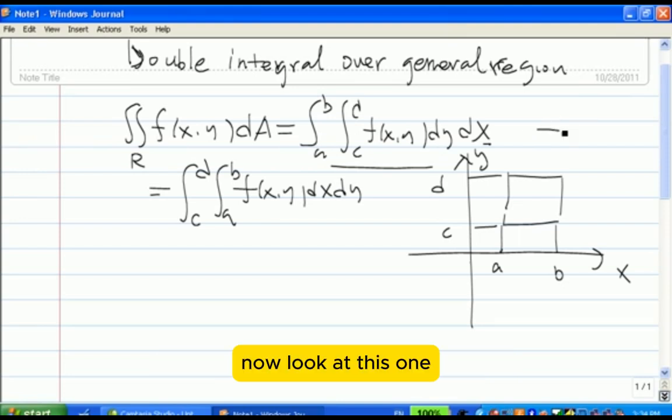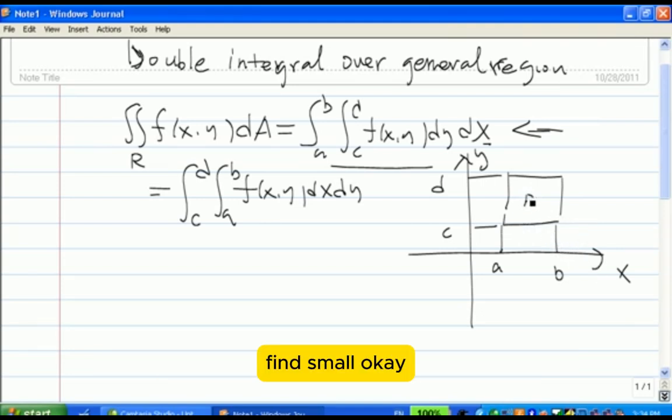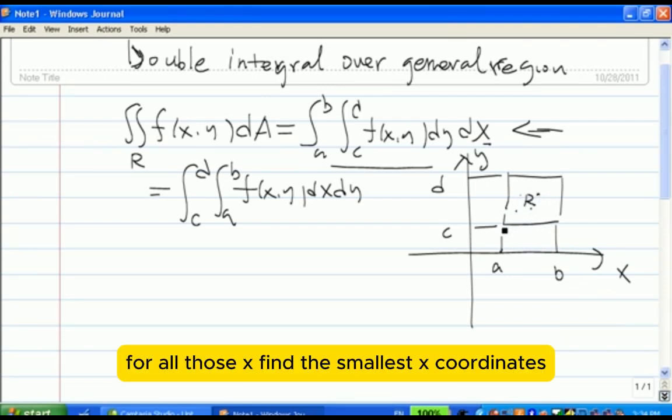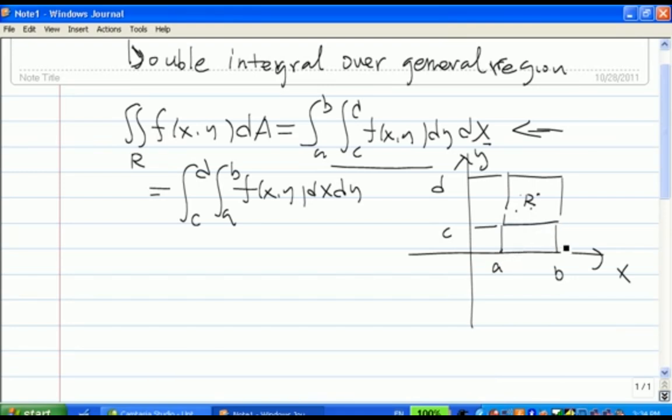Now, look at this. You project this region R onto the x-axis. You have so many points here. For all those x, find the smallest x coordinate, which is a, and the largest one, which is b.